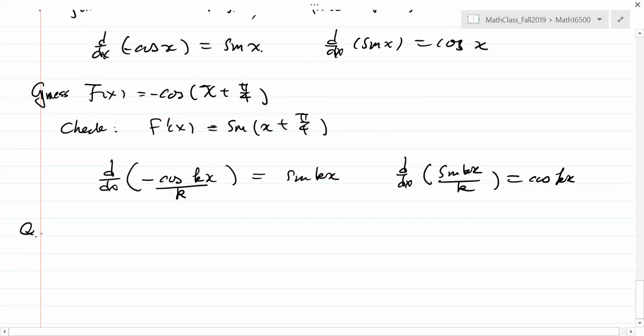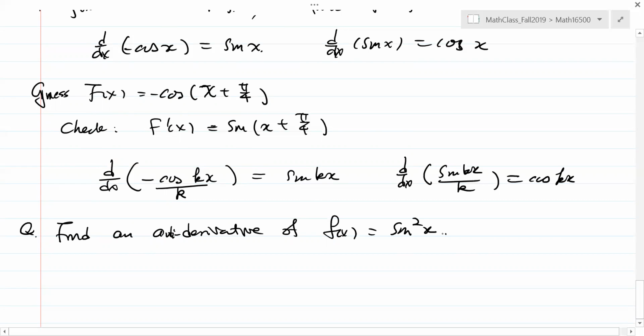Okay, question. Find an antiderivative of f of x, which is sine squared x.